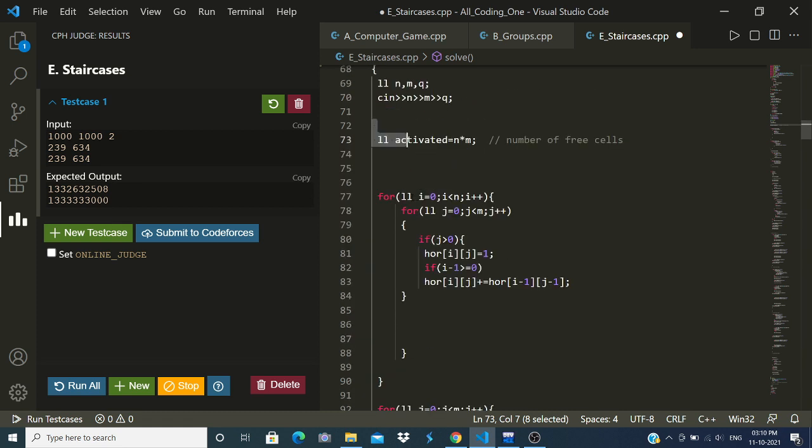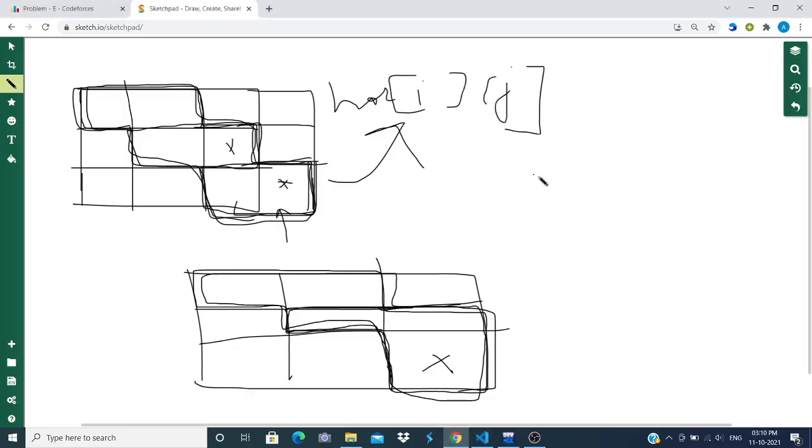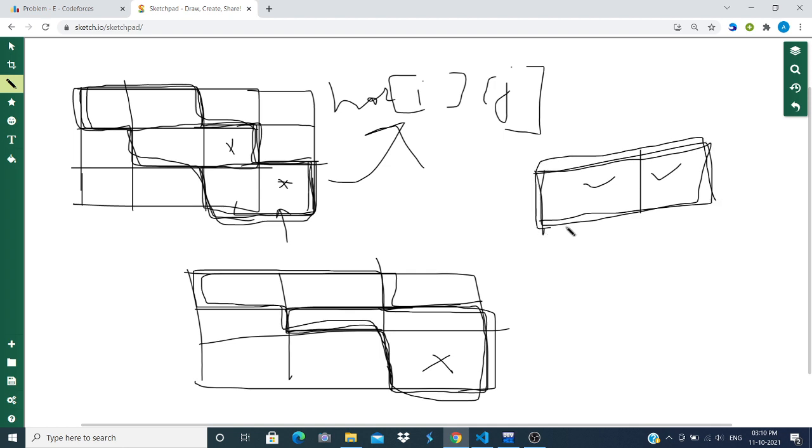Now I am filling up my horizontal dp table. So if j is greater than 0, which means something of this kind of structure, right? If so, I am just simply saying that initially all of them are free, so obviously this can be one staircase for sure.